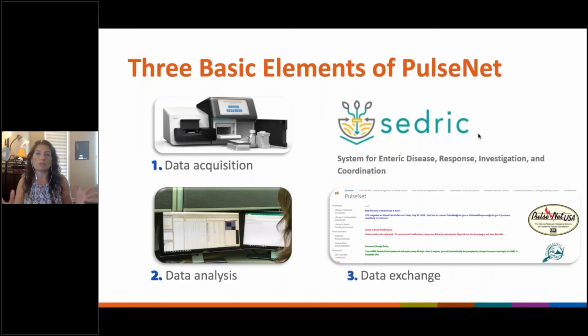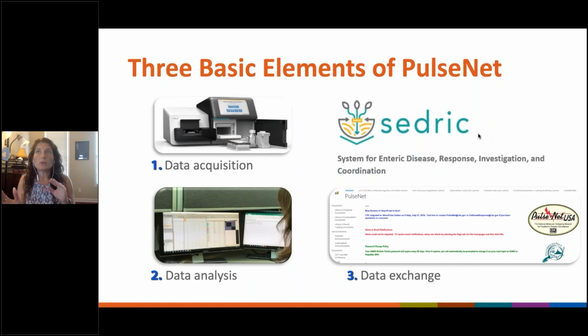So there are basically three basic elements of PulseNet. You have your data acquisition, so that's a picture of a MiSeq instrument that produces the data that goes into our system. We use BioNumerics as a software analysis system, and all this information is shared with epidemiologists in CEDRIC. CEDRIC is the System for Enteric Disease Response, Investigation, and Coordination.